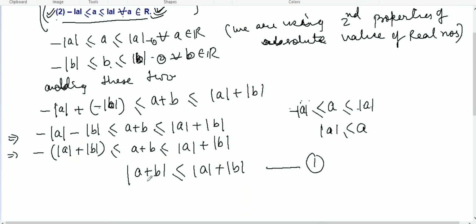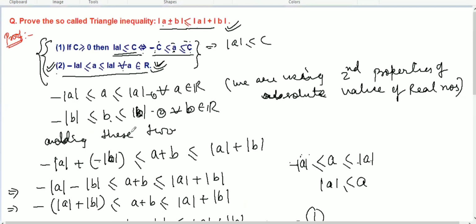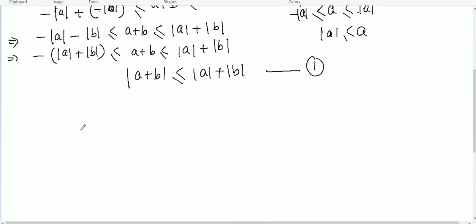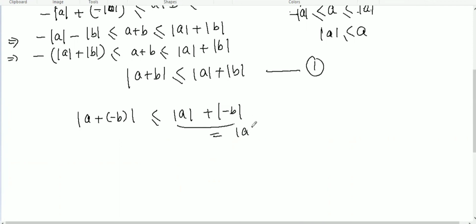Now we have to prove the triangle inequality for A plus or minus B. So plus, we did it here. Now replace this B by minus B. So absolute value of A plus, in place of B, I'm going to write minus B, less than equal to absolute value of A plus absolute value of minus B. Okay, this is equal to absolute value of A plus absolute value of B here.